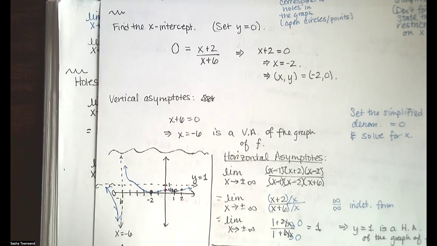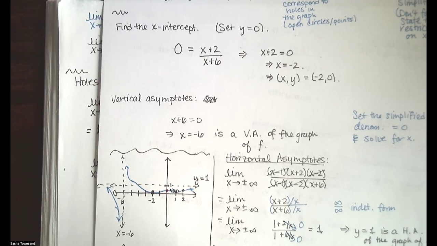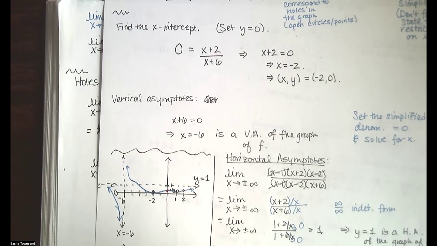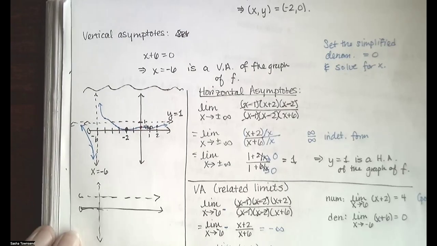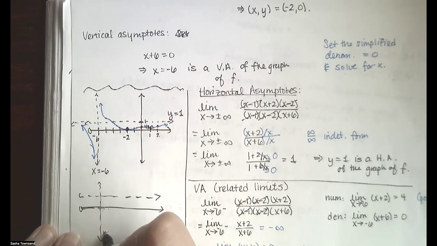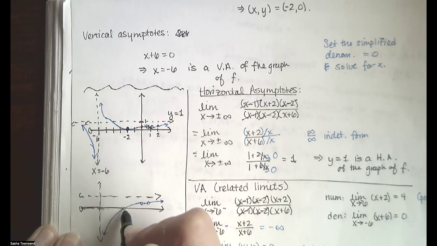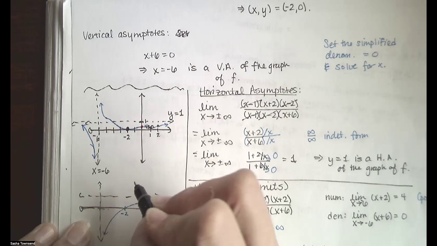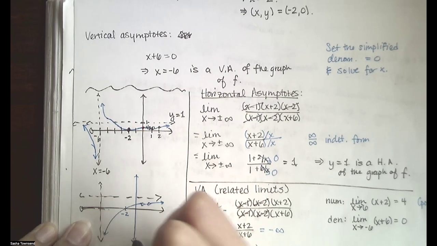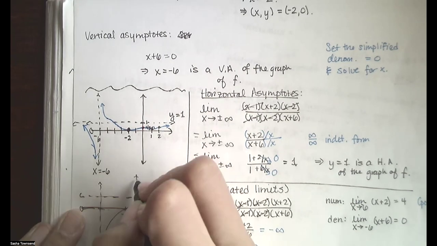The graph on Desmos looks more like this. That's supposed to be the y-axis, sorry.